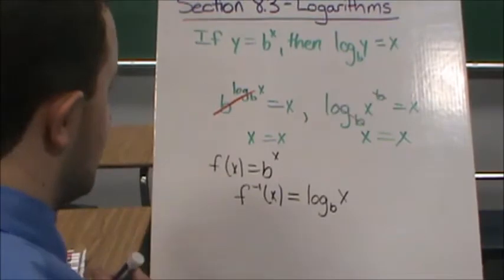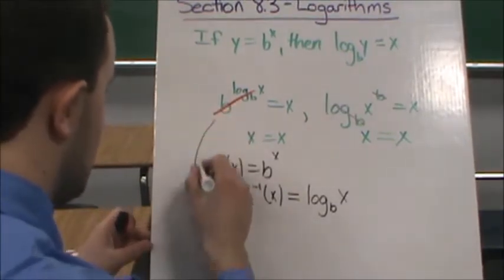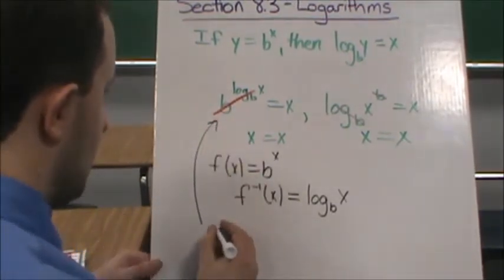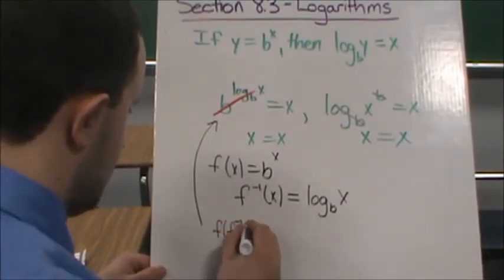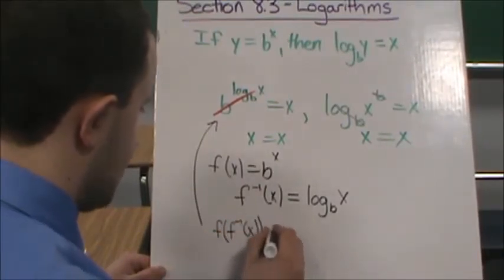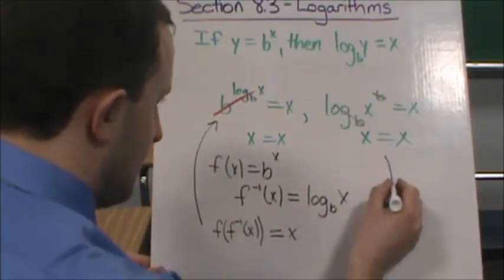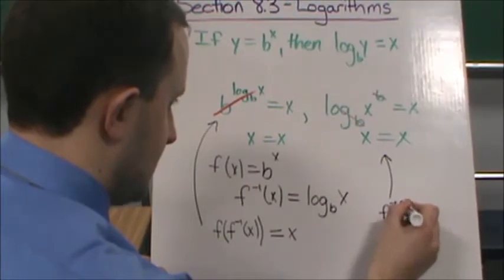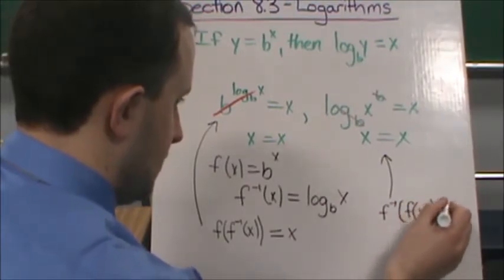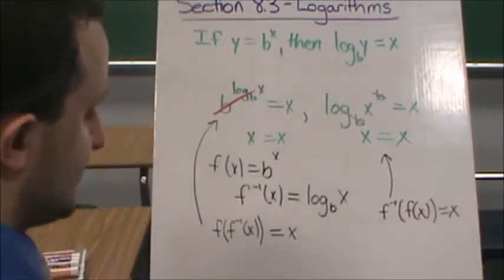And in this case, you could see that we're clearly evaluating f of f inverse of x to get x, and then in that case, we're evaluating f inverse of f of x to get x.